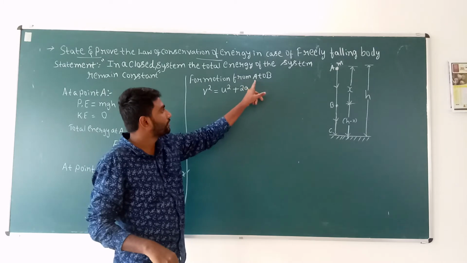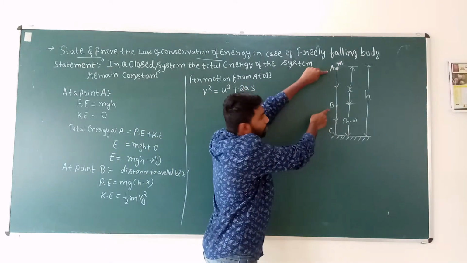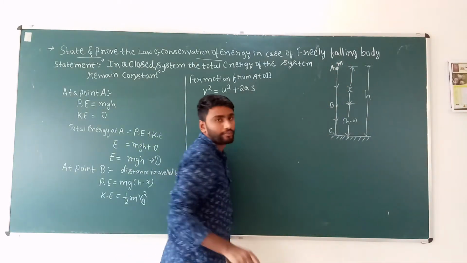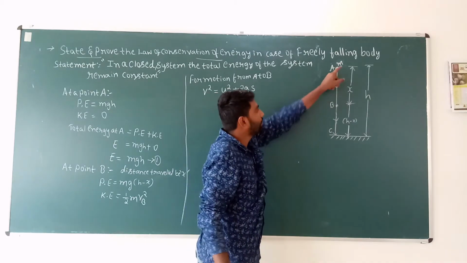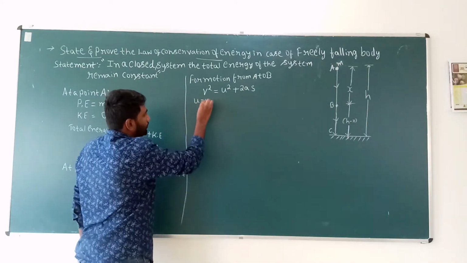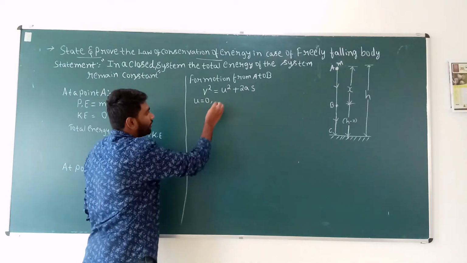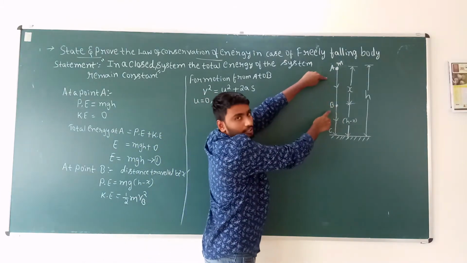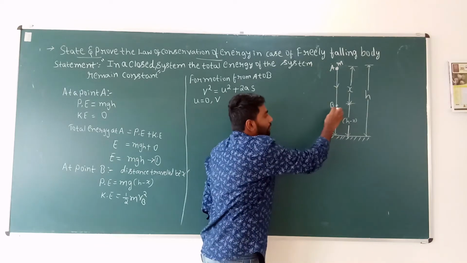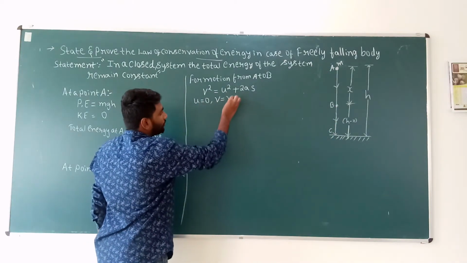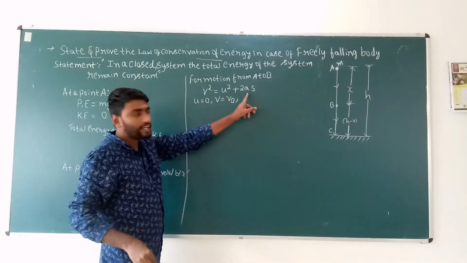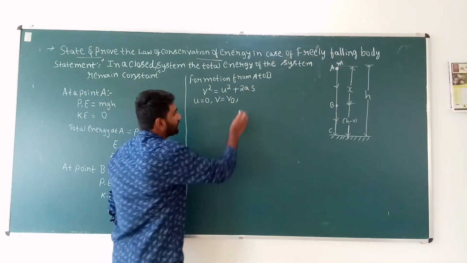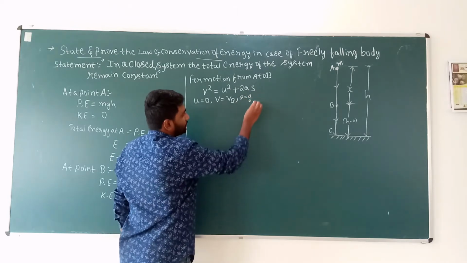For the motion from A to B, the initial velocity of the body u equals 0. The final velocity v equals vB. The acceleration is the acceleration due to gravity, so a equals g.